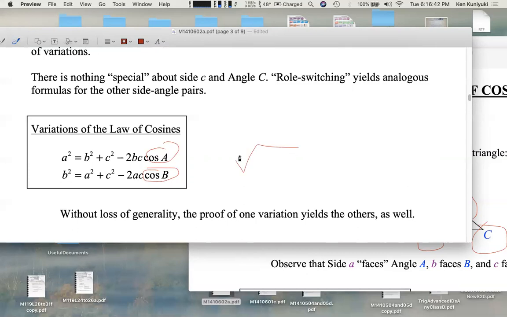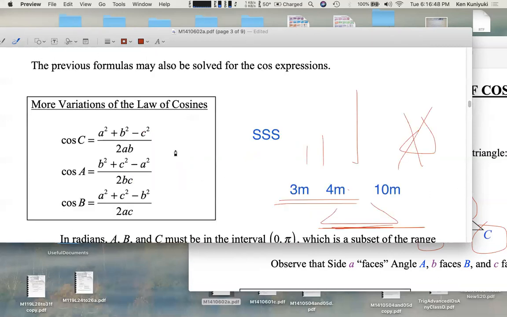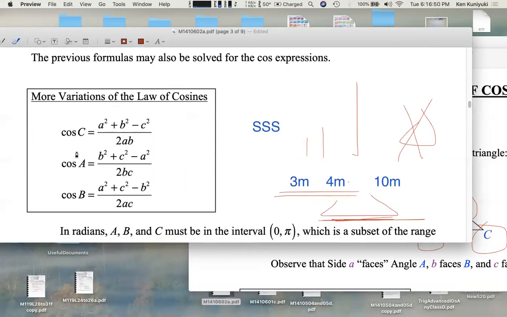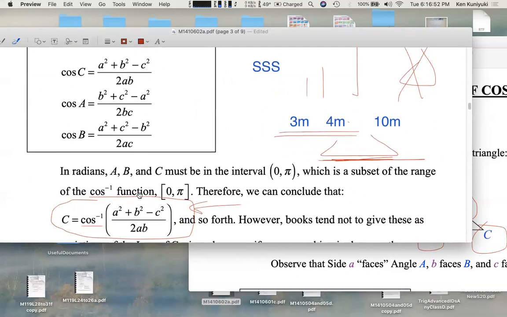Don't forget to take the square root if you want c, a, or b. And then you solve for these cosine expressions. You can do it algebraically. You don't have to memorize to get these versions. And you can use the inverse cosine versions to get the last 3. So there are 9 versions of the law of cosines, but it all comes down to memorizing one and maybe doing some algebra.